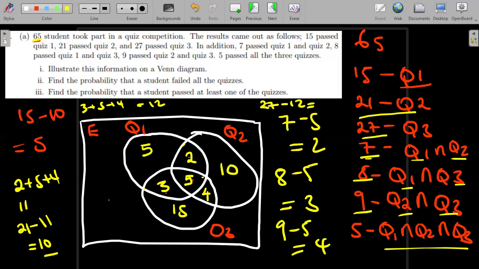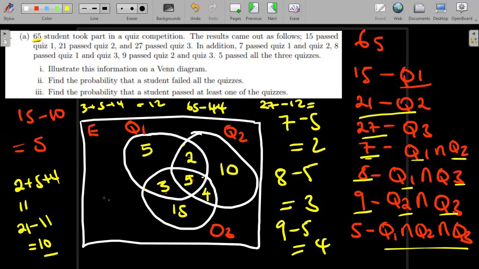When we add those numbers, we'll get 5 plus 2 plus 5 plus 3 plus 4 plus 15 and plus 10, we'll get 44. So we do 65 minus 44, we subtract that, then we get 21.